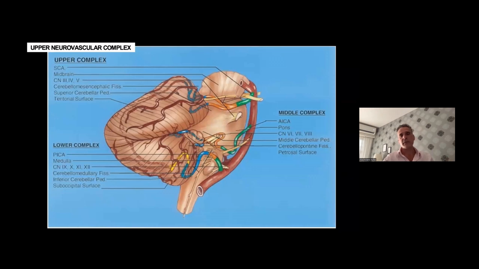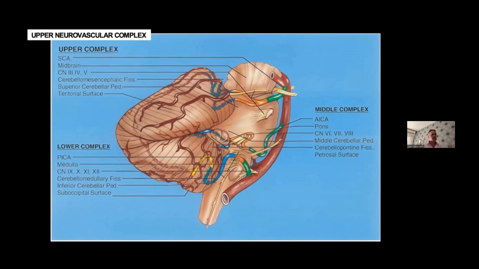Of course, we have many structures inside, like superior cerebellar artery in the upper complex, the midbrain, like we talked before, the cranial nerves 3, 4, 5, cerebello-mesencephalic fissure, superior cerebellar peduncle, and the tentorial face of the cerebellum. We will put focus in this upper part, in this upper complex, and in a few minutes, we describe the middle and the lower complex.